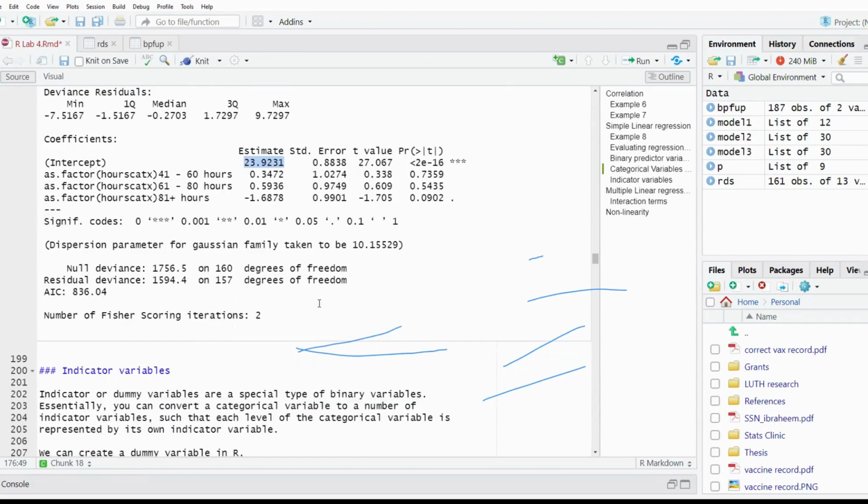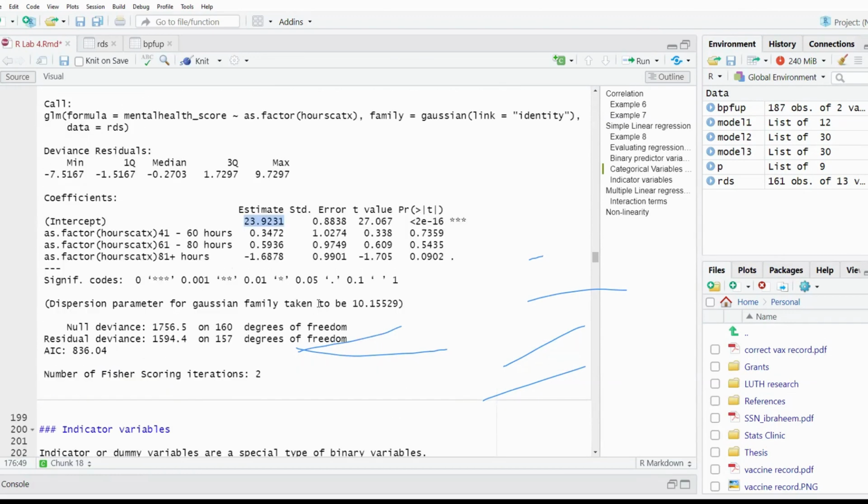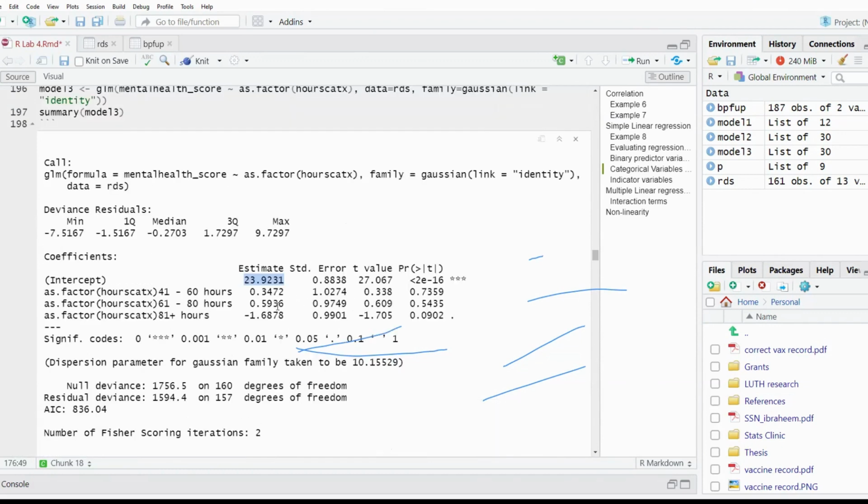So the other thing that we're going to point out is that for categorical variables, we have 4 groups, right? But when our model ran, it presented 3 groups with the intercept. I would say the intercept is the reference group.